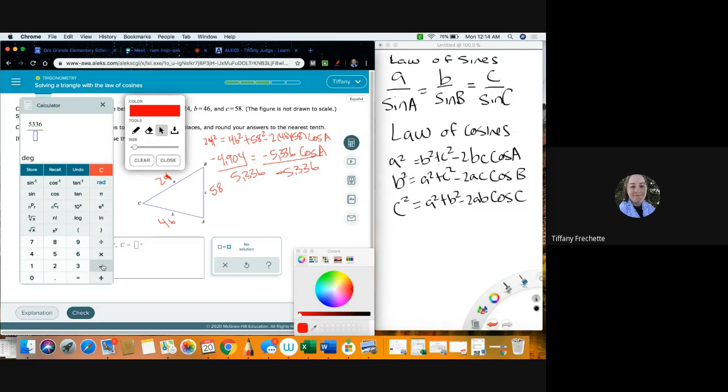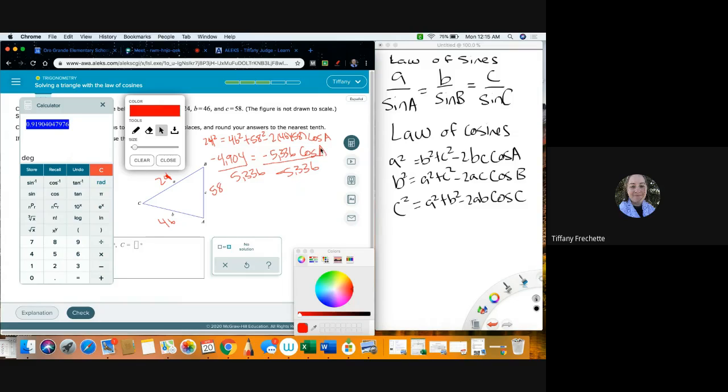So divided by negative 5,336 equals, oh, darn it. I didn't have the right number in there. It's supposed to be -4904 divided by -5336. There we go. Okay, so this is the number we wanted.